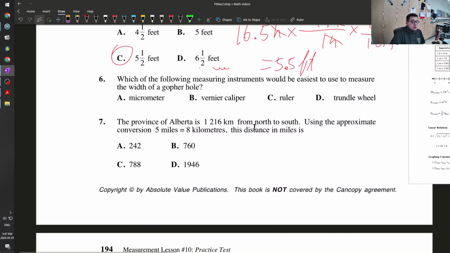6. Which of the following measuring instruments will be easiest to measure the width of a gopher hole? So probably a ruler or a vernier caliper. I actually don't know what a vernier caliper is. Let me search it up.